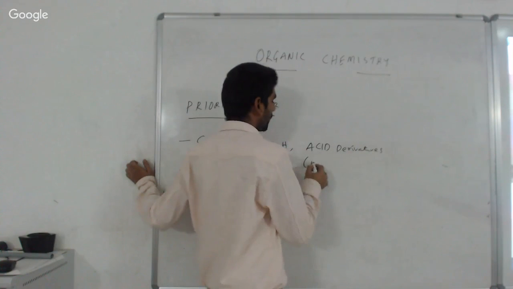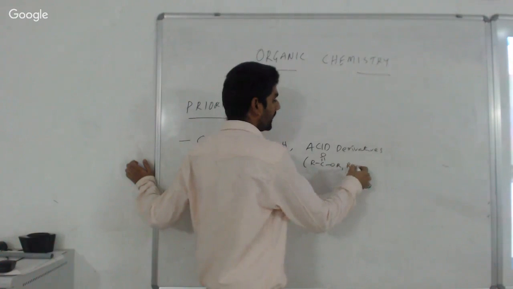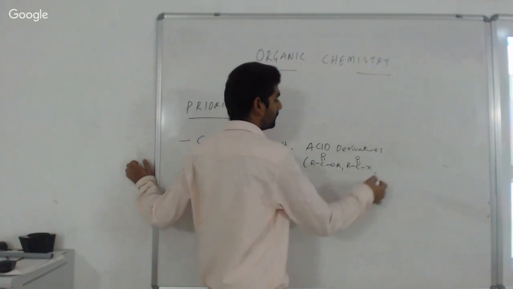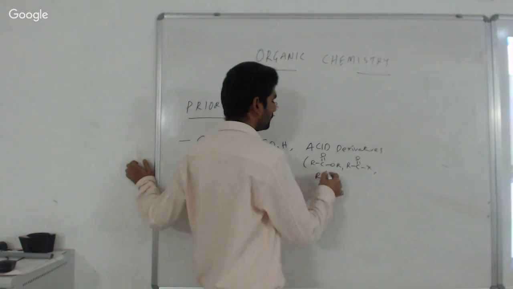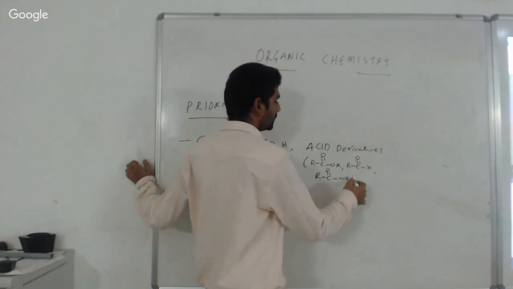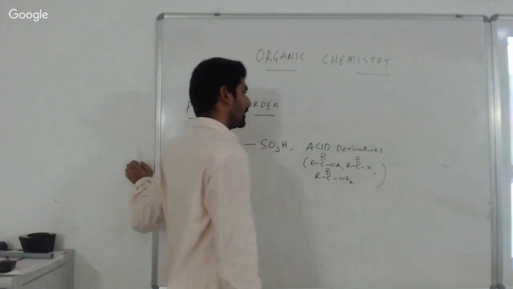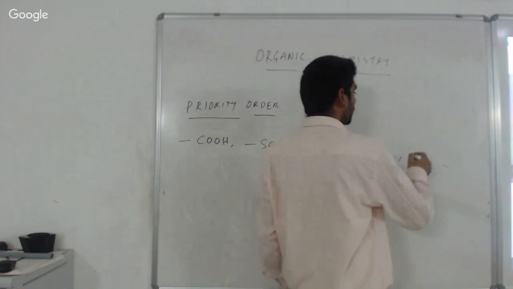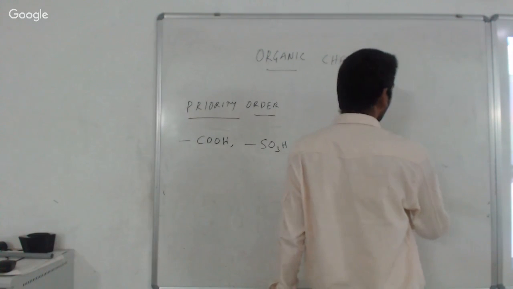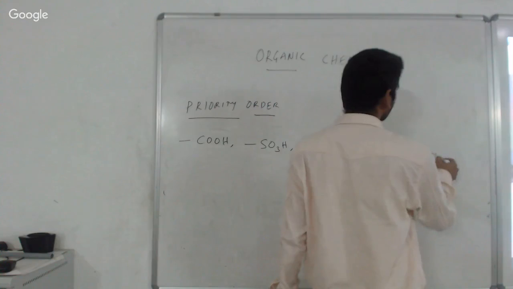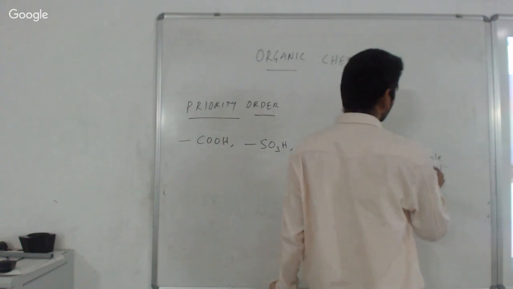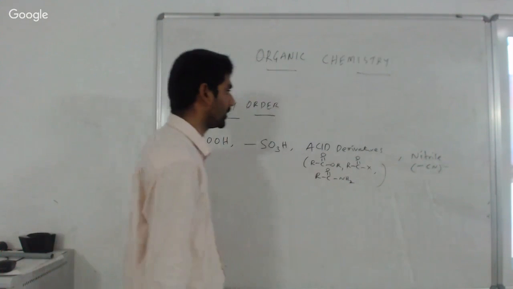Among acid derivatives the order is ester, acid halide, amide. The next group is nitriles, the cyano compounds, which you know already.